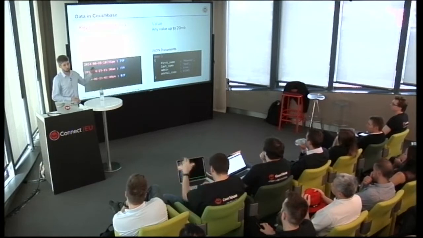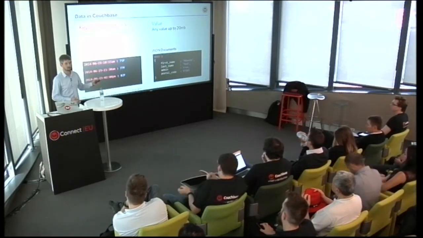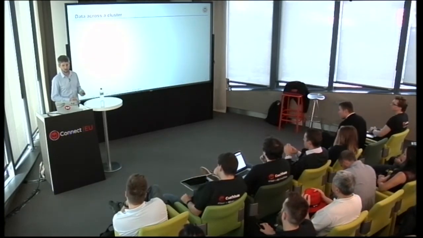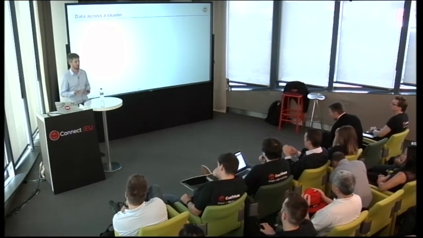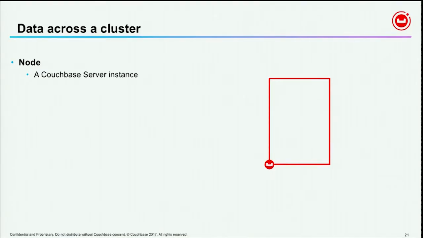When we see how all of these items or documents get distributed across a cluster, some of the terminology that we're going to use: a node is a single instance of Couchbase installed somewhere, be it in a container, in an Amazon instance or an Azure instance, or a physical piece of hardware.